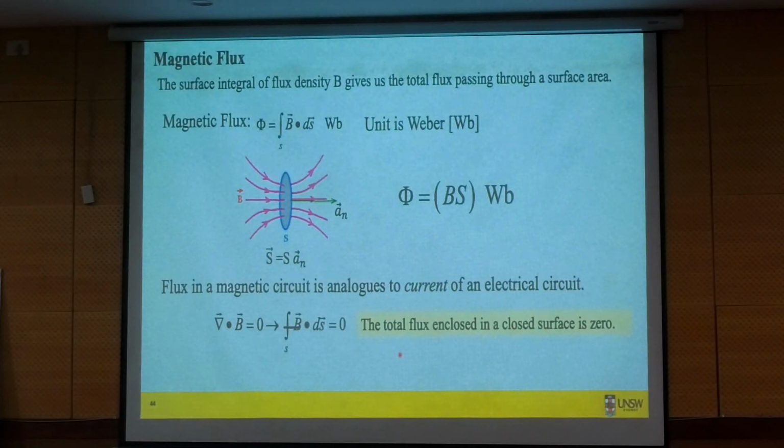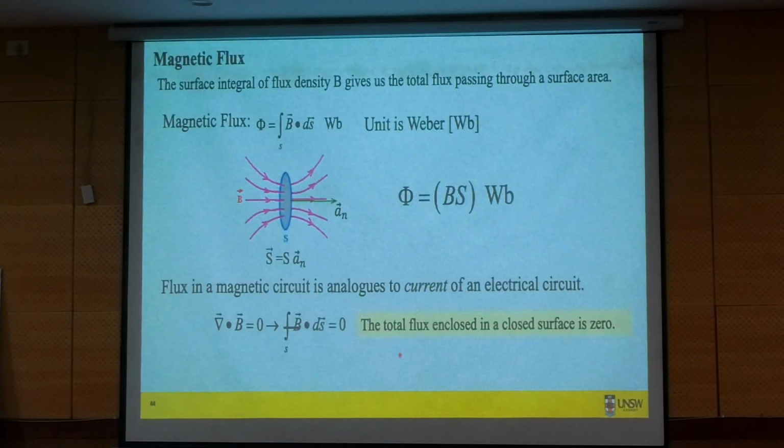Physically, that means if you cut a piece of magnet, you can never separate north and south pole. North and south pole always exist together. Even if you cut it, a new north and south pole will appear there.